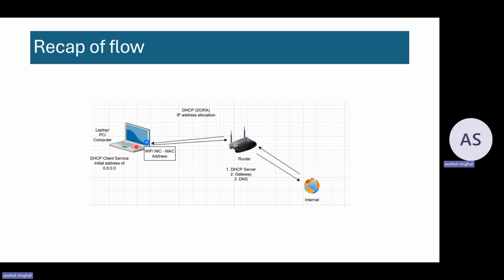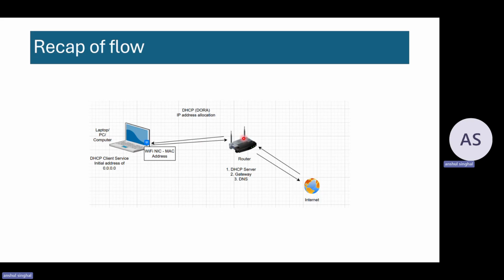So what it is going to do is the DHCP client service will shout on this network. The DHCP client service running on this laptop will leverage network connectivity via this network interface card of Wi-Fi, and it will shout to everyone, saying, hey, is there any DHCP server?